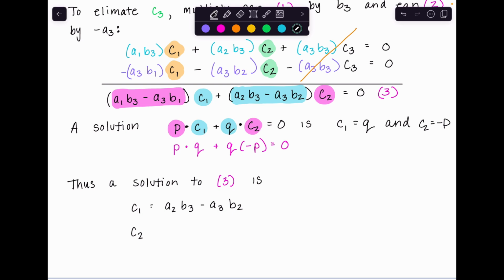And we set C2 to be the opposite of what's in front of C1. Okay. And these, I know what these numbers are because they're just the components of the vectors A and B. So that is a solution to this equation.